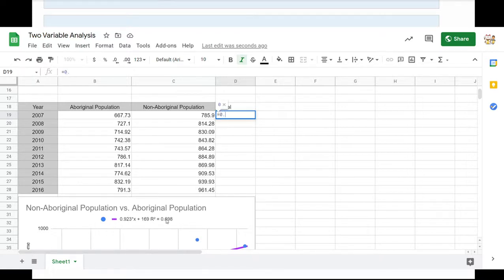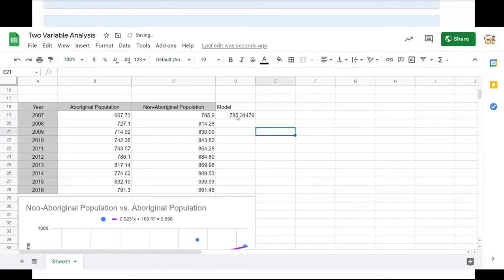So equals 0.923 multiplied by our x value, which is the Aboriginal, plus 169, our constant, or our y-intercept, and we get the value that it should equal.